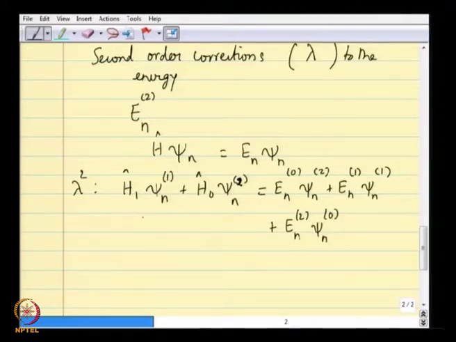This is the coefficient of lambda square on the left hand side of this equation, the H psi n component, and the coefficient of lambda square on the right hand side is what you have here from En psi n. So this was derived yesterday.